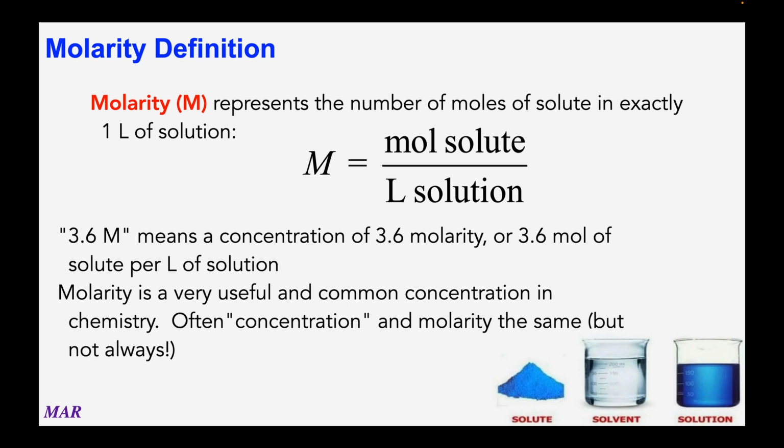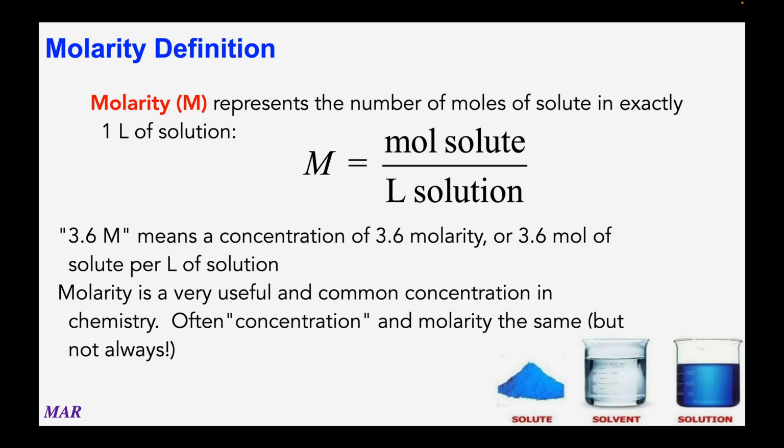So if you had a sugar solution that was 3.6 M, you'd have 3.6 moles of sugar in a liter of solution. But you could also have a 0.036 molar solution, and that would be 0.036 moles of sugar in a liter of solution. So that sugary sweet solution would be more like 3.6 M, and if you didn't have a lot of sugar, that would be possibly 0.036 M.